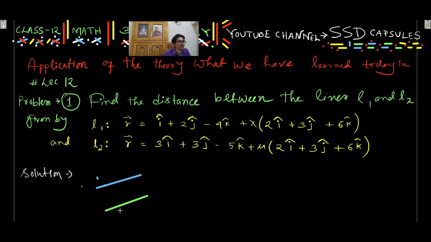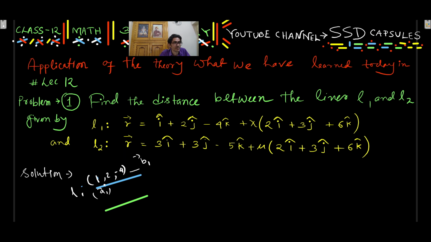This line L1 is passing through this point and parallel to this vector, say B1 vector.